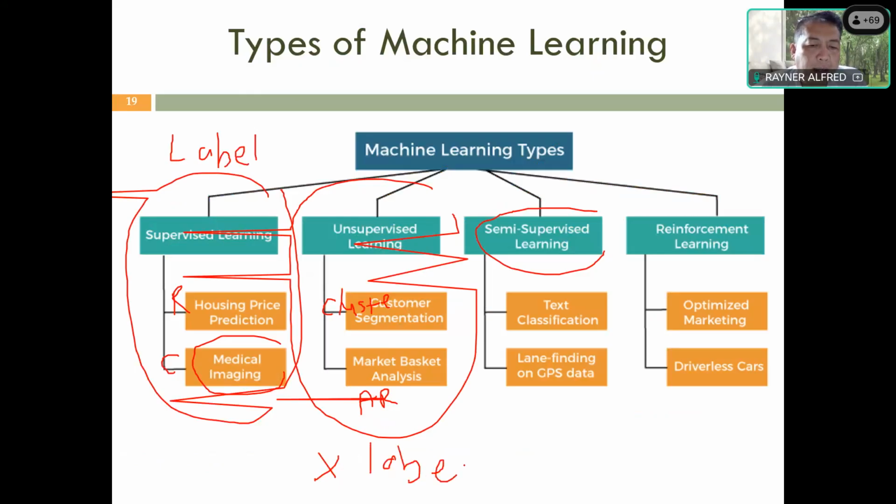It has no label. So for that reason, we perform clustering only, grouping them into groups depending on the characteristic of the item or the product that we have. And for this one is a mixture of label and unlabeled. So we have text classification or land finding on GPS data.